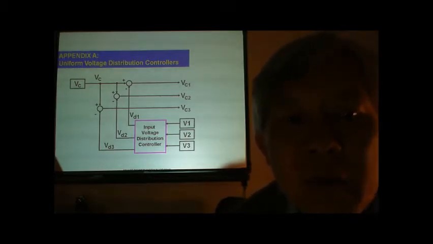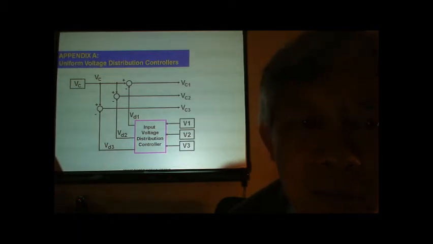Basically, the input voltage distribution controller shown in this block diagram computes the minor correction signals or voltages VD1, VD2 and VD3.